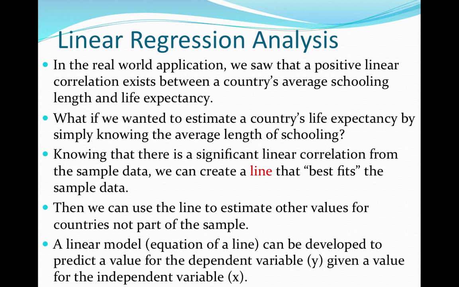So what we can do in this particular problem, we can be given an independent variable x, a value. So say, for example, average length of schooling is 13 years. Based on that value for x, we can use the line to come up with a value for y, which is the average life expectancy.